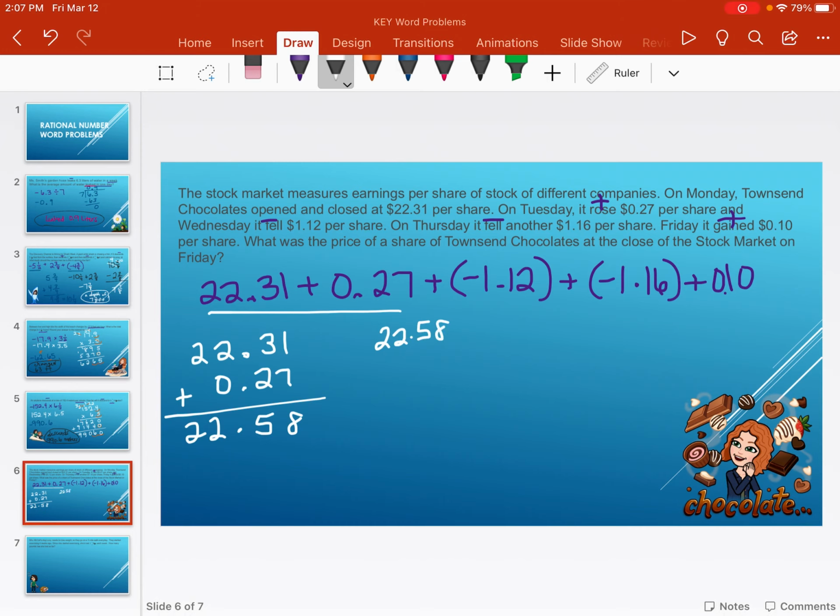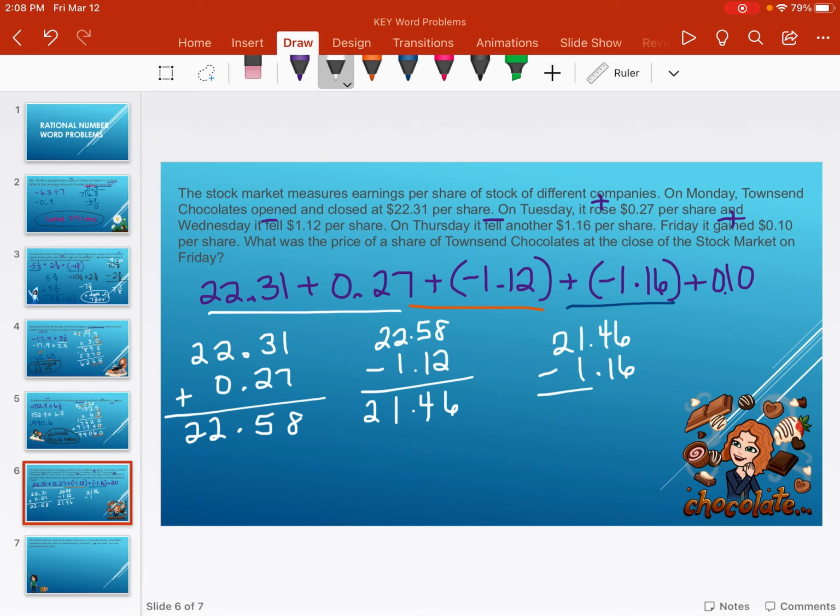So now I've got 22.58. Here's our next step. We're going to then add this negative, which would be subtraction. So subtract $1.12. Gives me 6, 4, bring down your decimal, 1 and 2. So now I've got 21.46. Next step, I'm adding another negative, so I'm subtracting again.